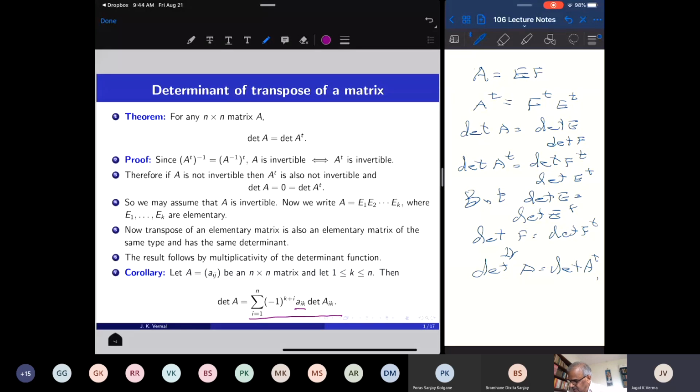That means we are fixing the kth column of the matrix and expanding according to the kth column, a_1k, a_2k, etc. Because determinant of A is same as determinant of A transpose, this is exactly the same formula as if we do the row expansion by kth row. So this is another formula for determinant.